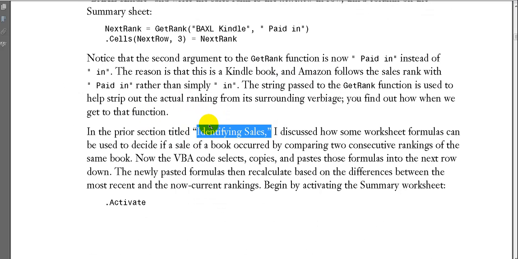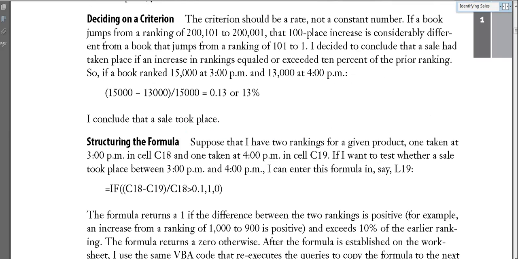Okay, so in the prior section, he discussed how some worksheet formulas can be used to decide if a sale occurred. I guess it's this formula here, except it doesn't have to be 18 and 19.